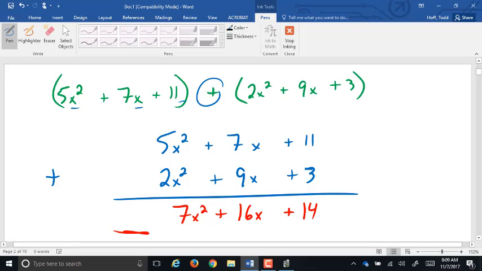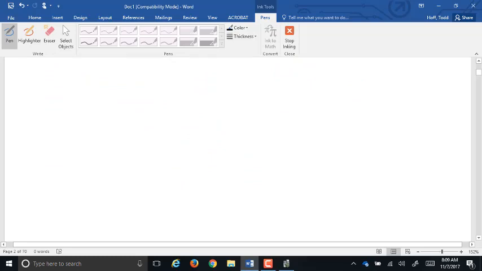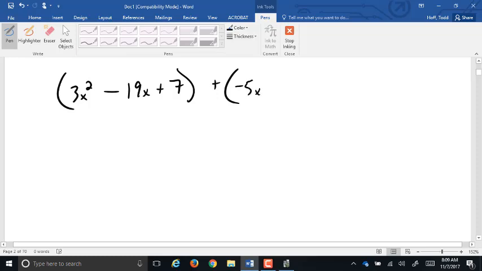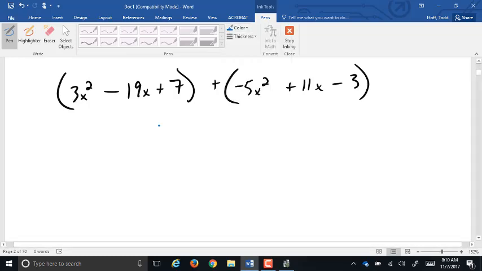Now, as we said, digits can be positive or negative all on their own. So we can have 3x squared minus 19x plus 7 plus negative 5x squared plus 11x minus 3. So I'm still going to set this up just like I would dealing with whole numbers.